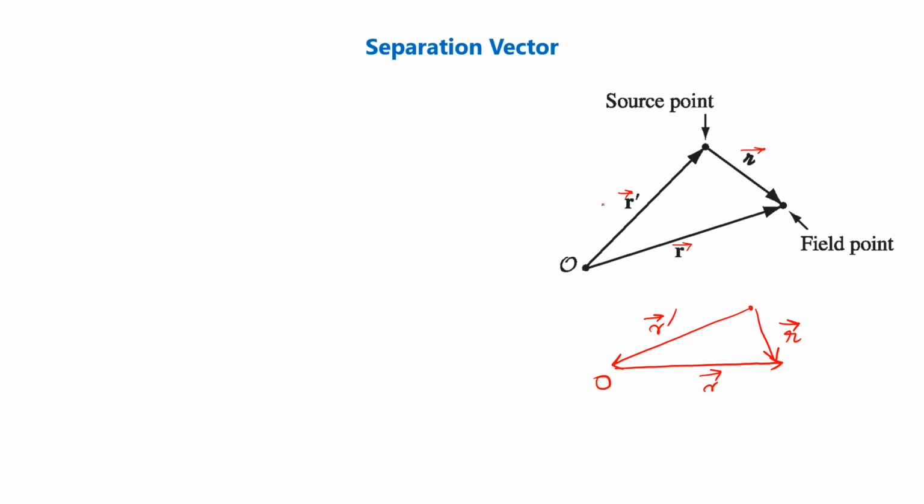Now this is plus r prime, therefore this will be negative r prime, so that the resultant will be vector r minus vector r prime. That is, script r is equal to vector r minus vector r prime.